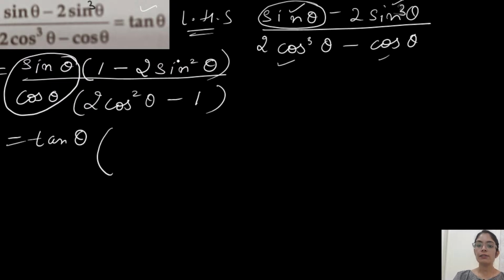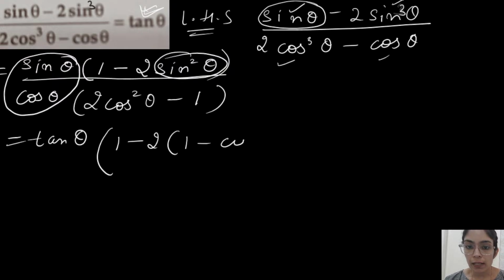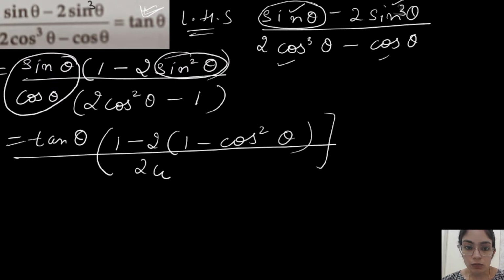Now we can apply the square relation, because this term we want to cancel, then only we will get our answer. 1 minus 2 into sin square, which in many questions we have used as 1 minus cos square theta. So I am applying the square relation directly because we have used this relation in many questions. So the denominator is 2 cos square theta minus 1.